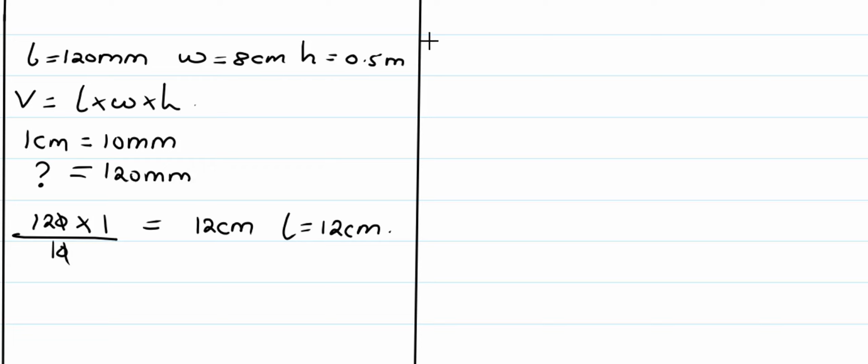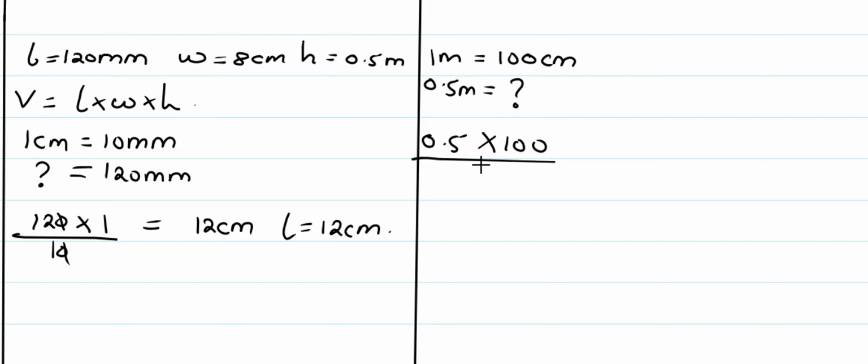And the height is 0.5 meters, and we said 1 meter is equivalent to 100 centimeters. So you ask yourself, 0.5 meters is equivalent to how many centimeters? So as usual, we cross multiply, where we take 0.5, we multiply by this 100, then we divide by this 1 meter.